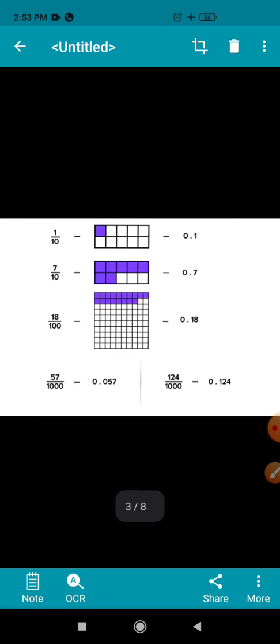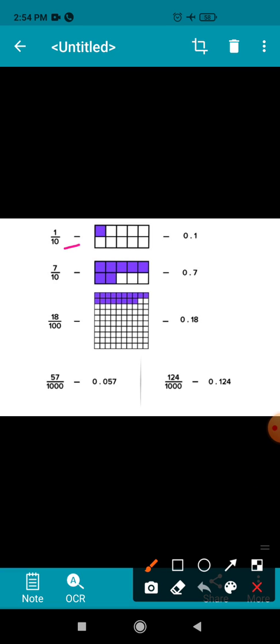Here you can see the first rectangle is divided in 10 equal parts, and out of 10, one part is colored. So, the fractional number for this figure will be 1 by 10, and the decimal number for the same figure will be 0.1.